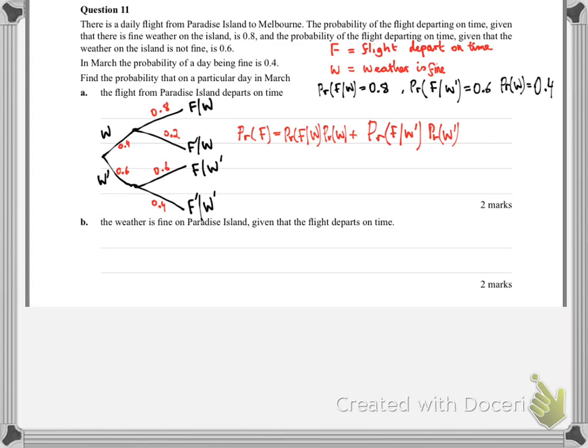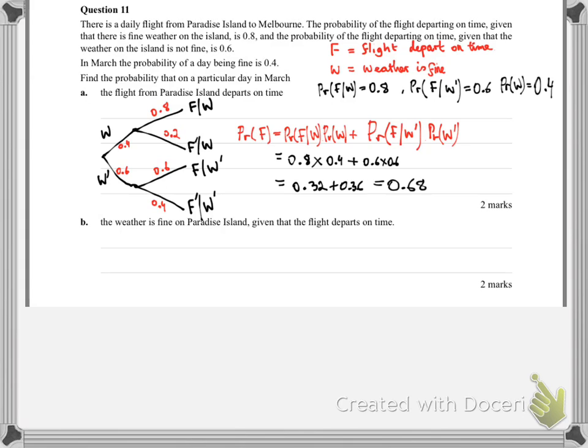Okay, and that is taken from considering both the situation when the F is on the W branch and the F that is on the W not branch. We've got our values and we substitute and do our multiplication and add them up. There we go, 68%.